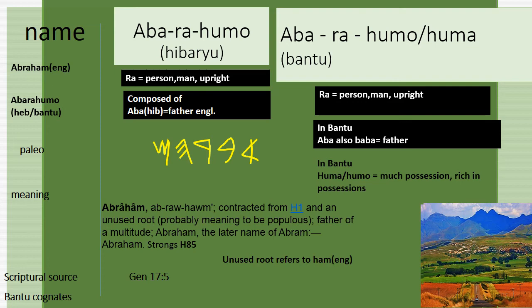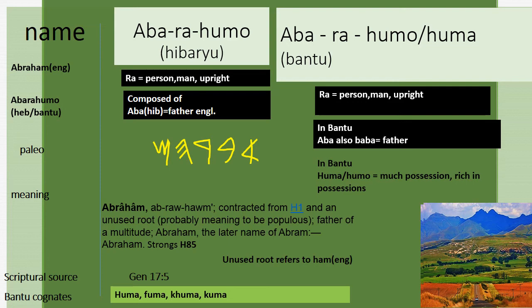This root, this word, homo, has also cognates that are used throughout the continent. Some of these cognates are huma, fuma, kuma. So this is a well-known Bantu word which means multiplicity in possession.